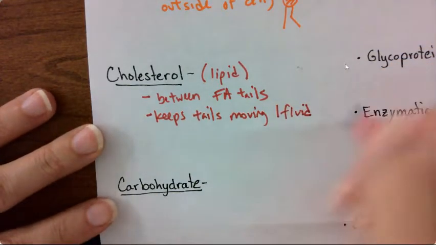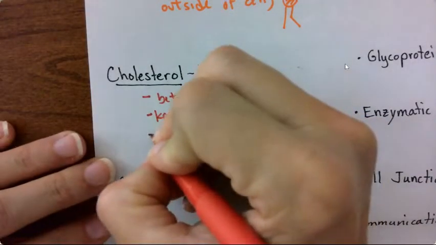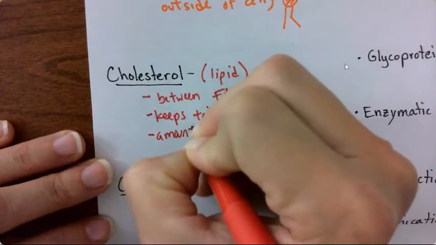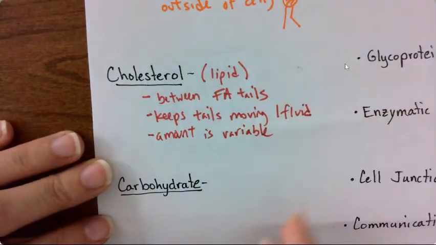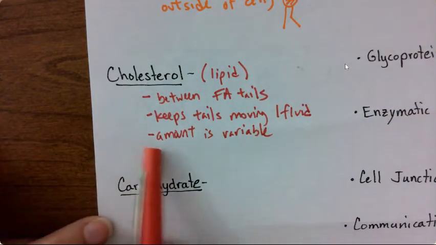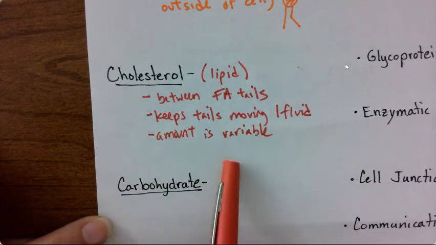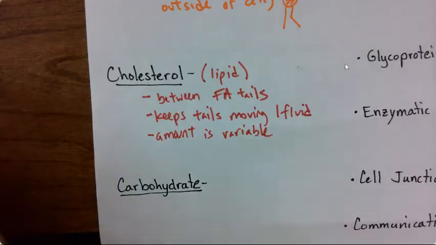Okay, so it helps prevent the phospholipid bilayer from freezing solid. It keeps them moving and fluid. And the amount is variable depending on the type of organism and different environmental conditions. So before bears go to hibernate, they actually add more cholesterol into their cell membrane to keep their cell membrane fluid as they get colder.